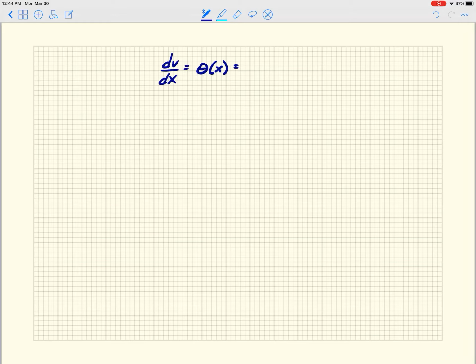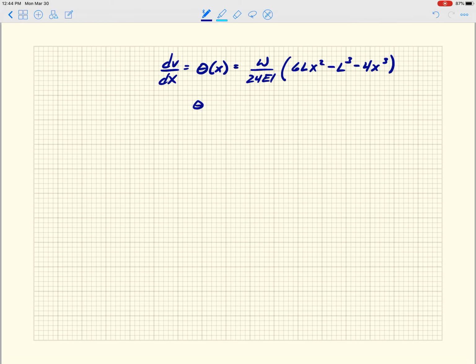So I just take the derivative of v of x. When I do that, this is going to be W over 24 EI. The first term becomes 6L x squared, the second term becomes minus L cubed, and the last term becomes minus 4x cubed.